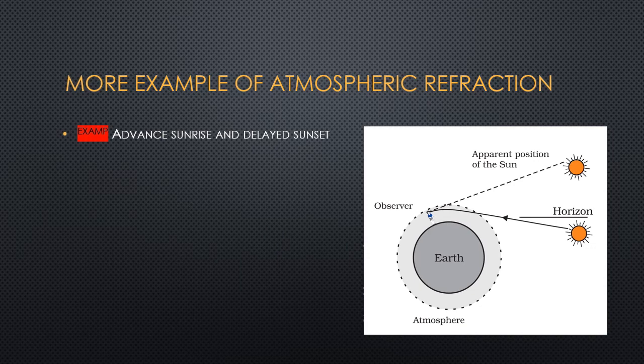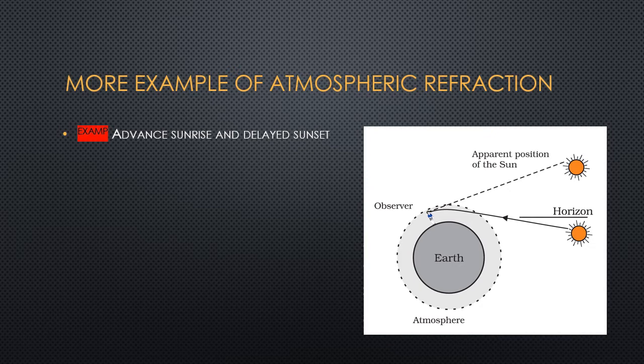Let's look at another example of atmospheric refraction. That is advanced sunrise and delayed sunset. Basically, advanced sunrise and delayed sunset are happening because of atmospheric refraction. What does it mean? It means the sun is visible to us about 2 minutes before the actual sunrise and about 2 minutes after the actual sunset.